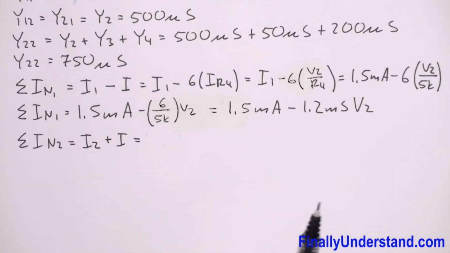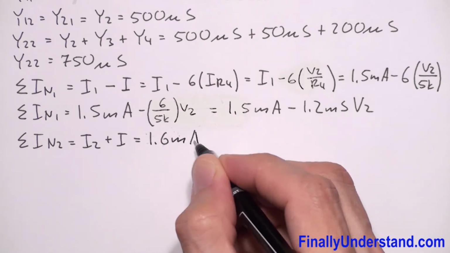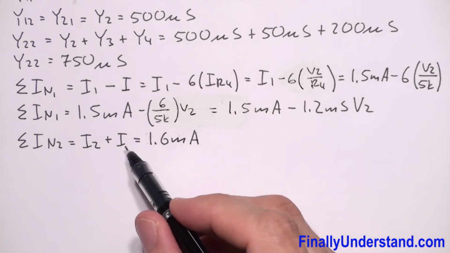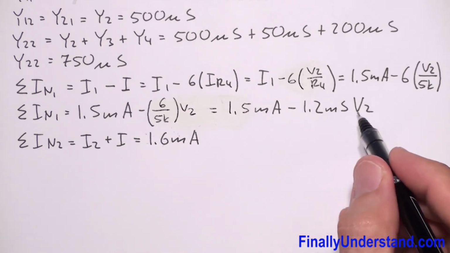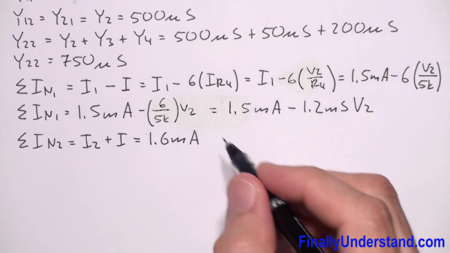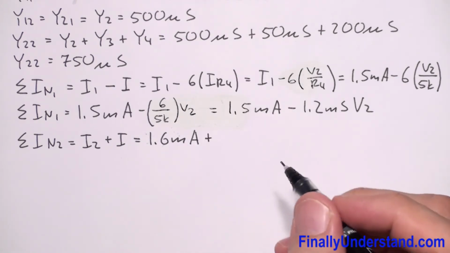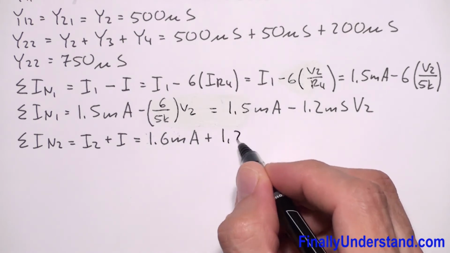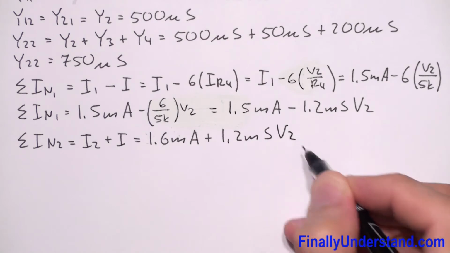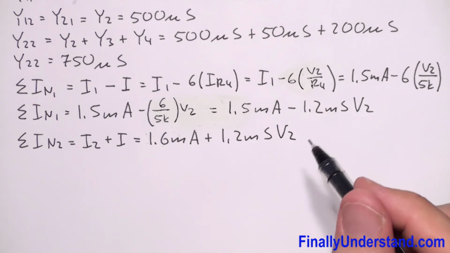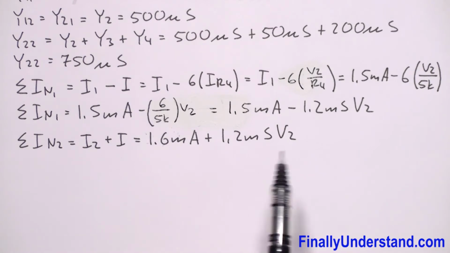So I'm going to write this is 1.6 milliamps, and we found that current I is equal to 1.2 millisiemens times V2, but this time I'm going to have a positive sign, so plus 1.2 millisiemens times V2.